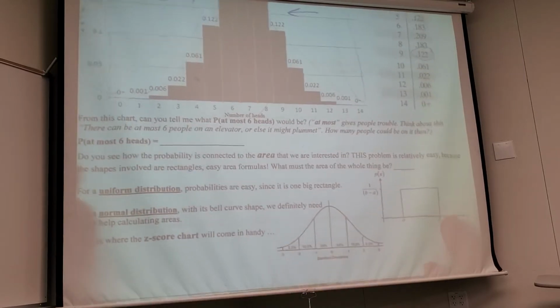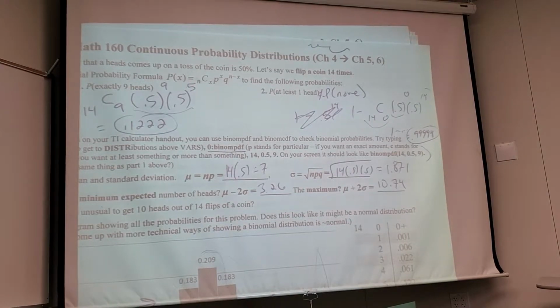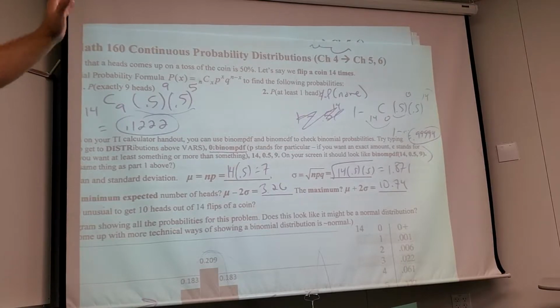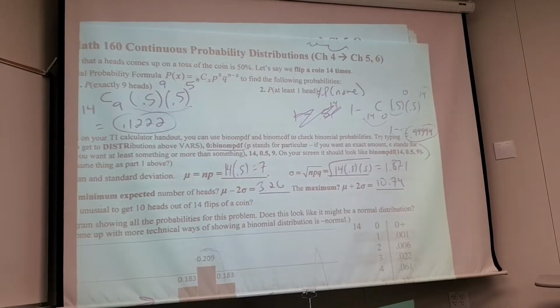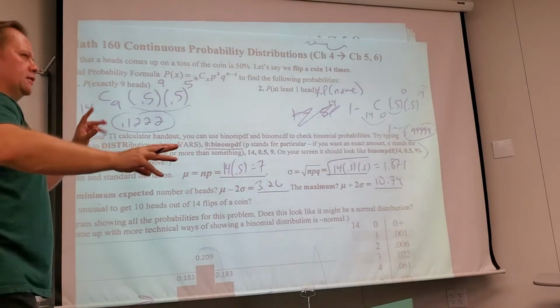Now, look at the very top of this. What I'm trying to do with this sheet is get us to build off of what we know from chapter 4 into what we're about to get into. The big difference between chapter 4 and chapters 5 and 6, let me see if you can get this.